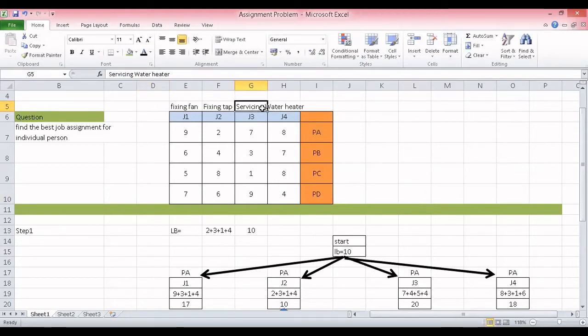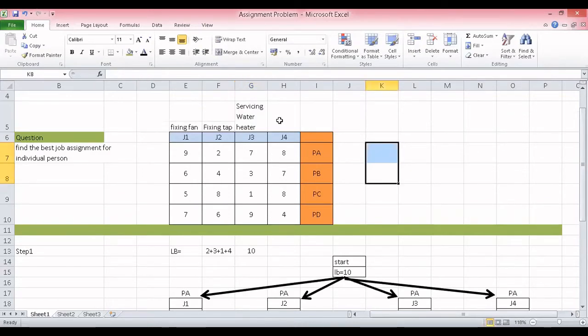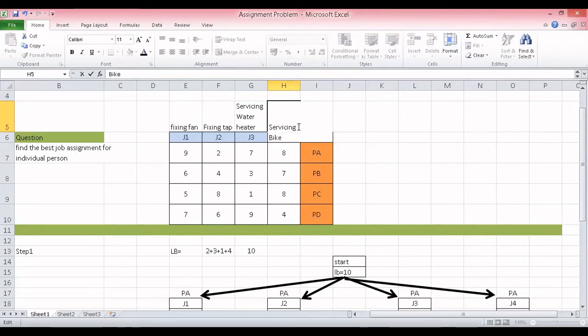And job 4 is servicing a bike. All these are just an assumption for students to understand. That's all. No need to write this in the exam. Just for you to understand, I'm writing, students.